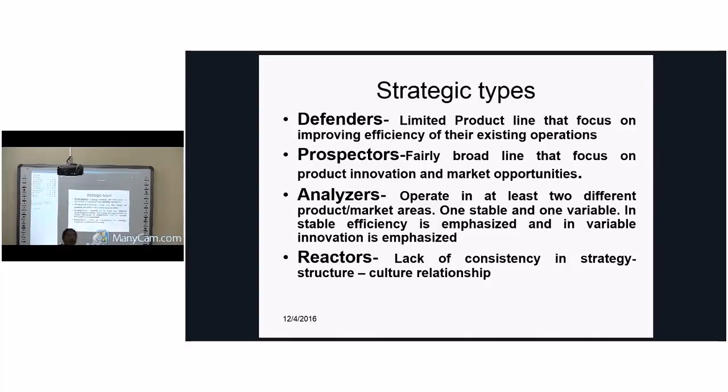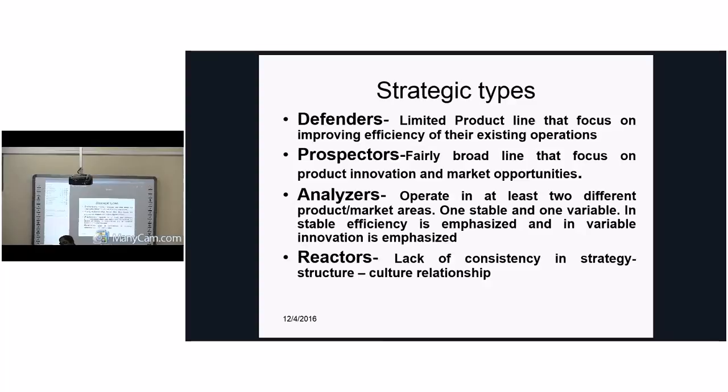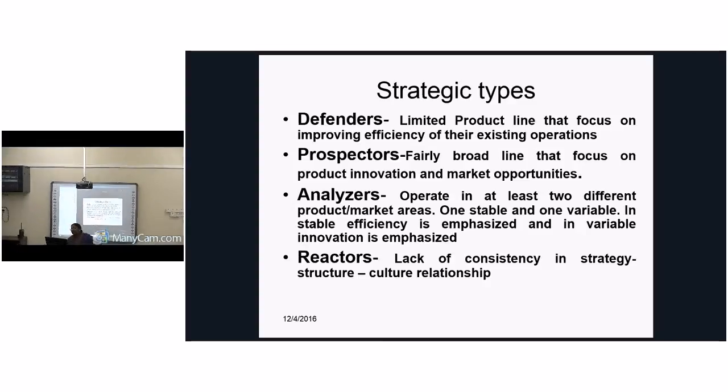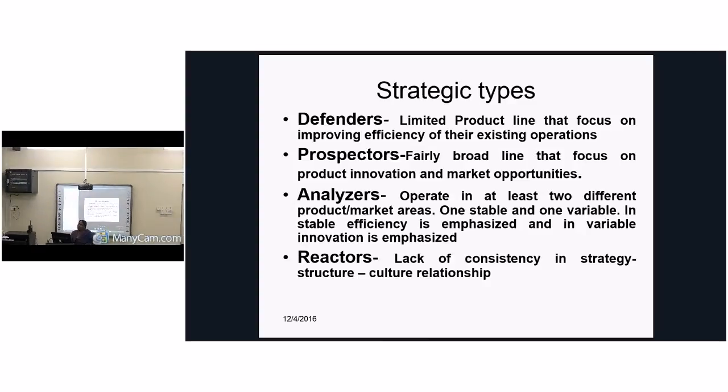They are called analyzers. Reactors, they have no consistency in strategic structure. They are called reactors. Only different relationships are there but no consistency in their strategic orientation. No consistency. Different strategic actions they follow.